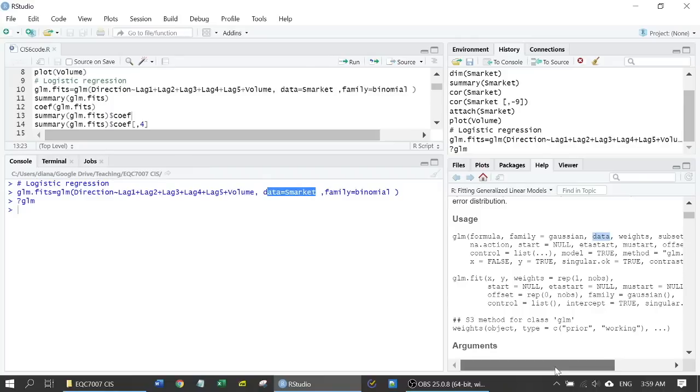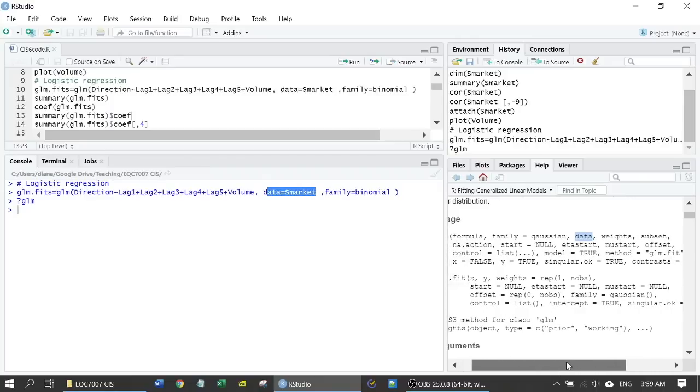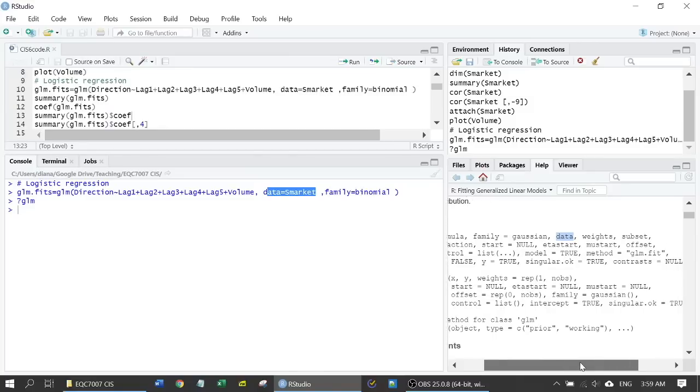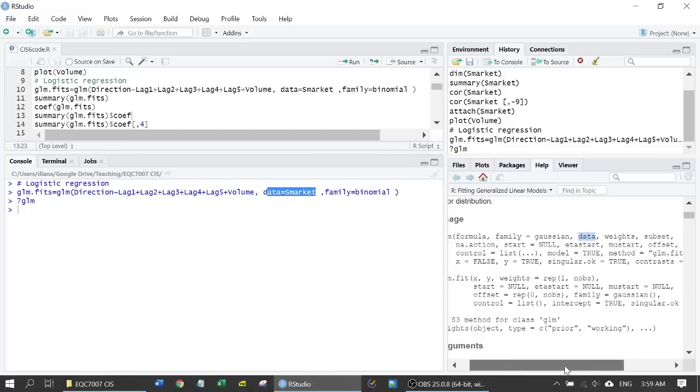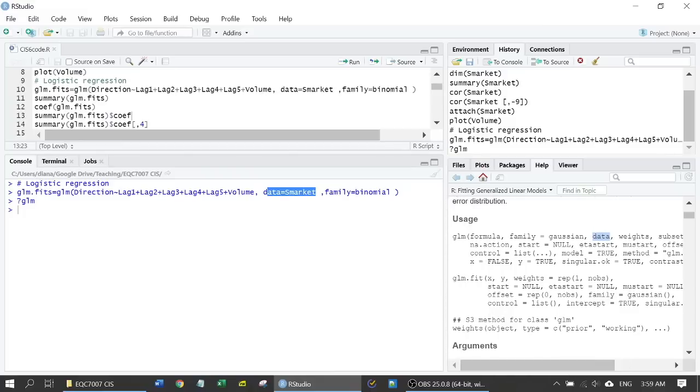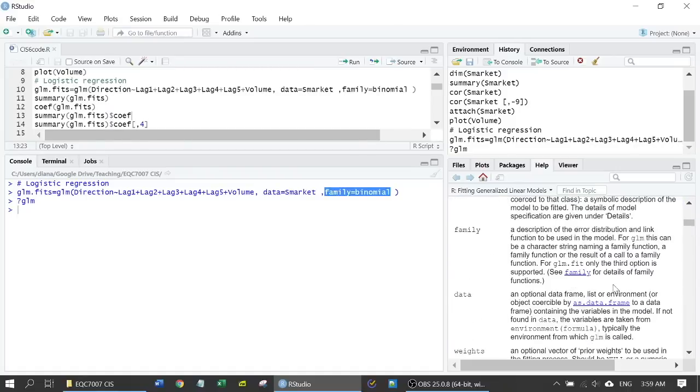The most important thing here is the family. Basically, if you want a logistic regression, you should set family equal to binomial, because glm can be used for many other models.